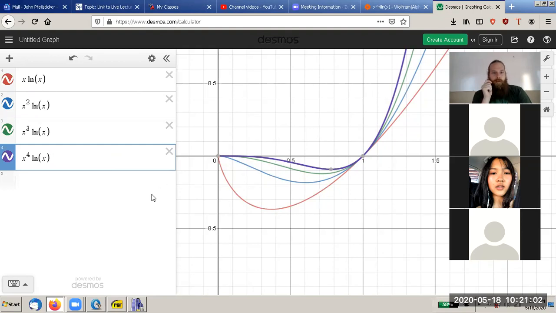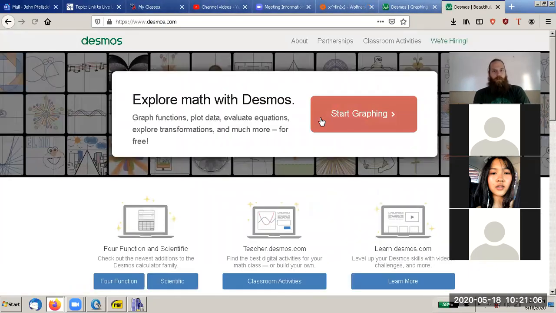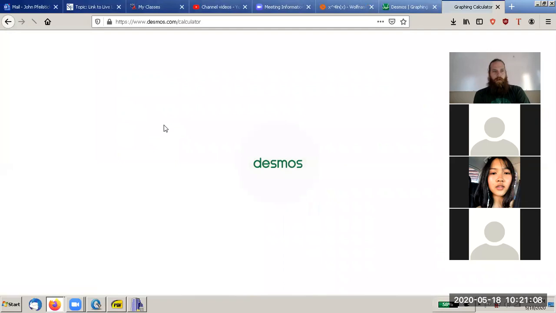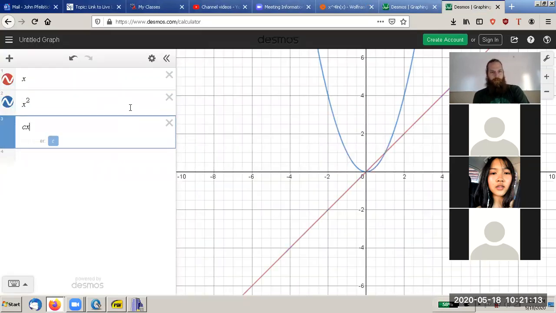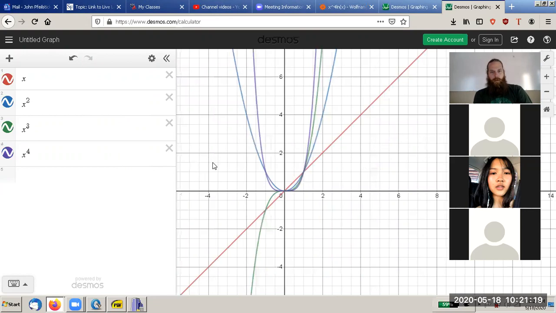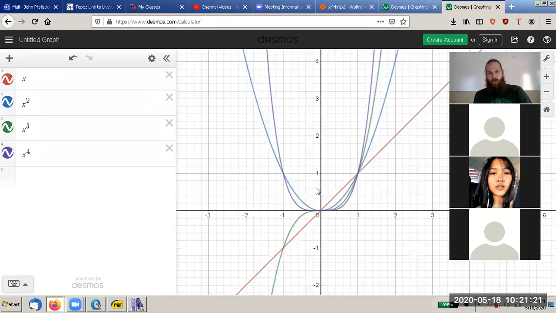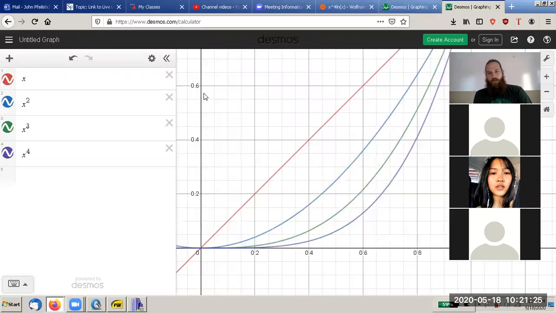Compare this to this. Let me just look at x, x squared, x cubed, and x to the 4. Okay, and let me zoom in similarly so that we're looking at the same piece of the graph.